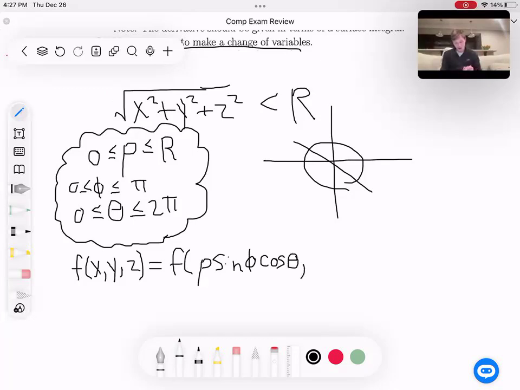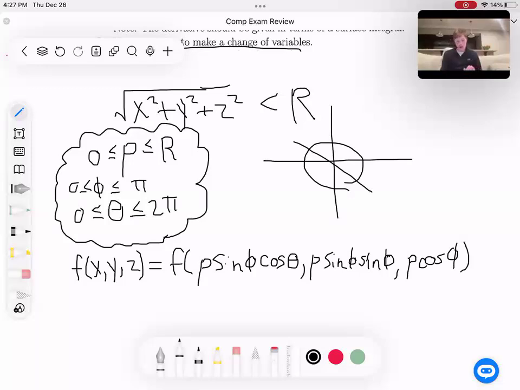Y is going to turn into rho sine phi sine theta. And z, I believe, is going to turn into rho cosine phi. And these are just formulas that you should memorize when you're converting from Cartesian to spherical.